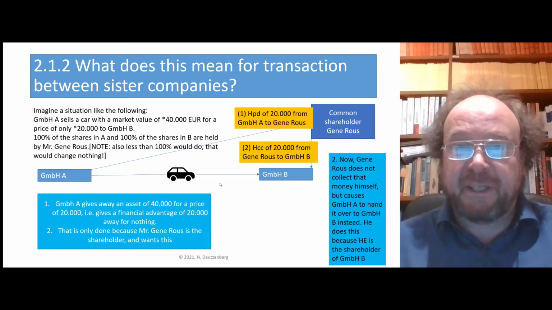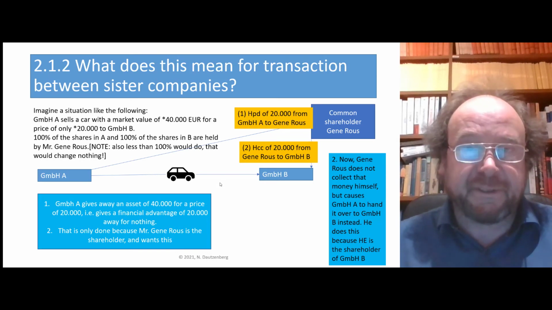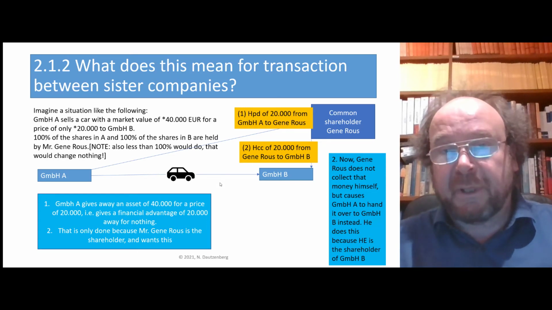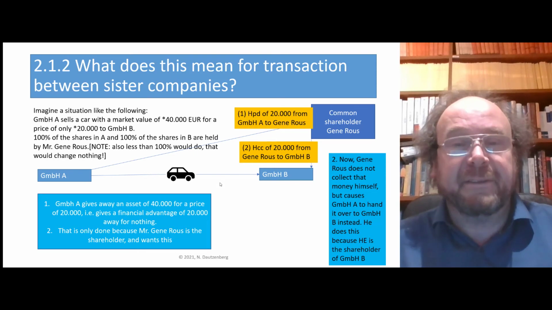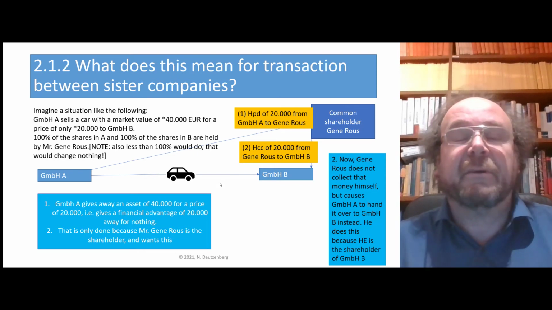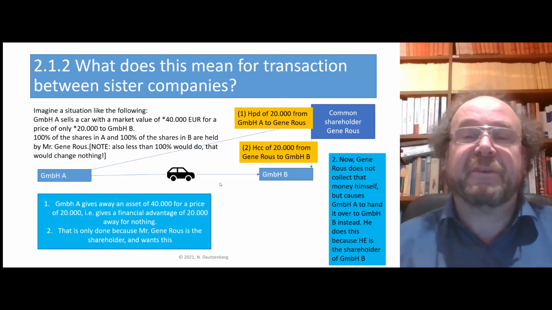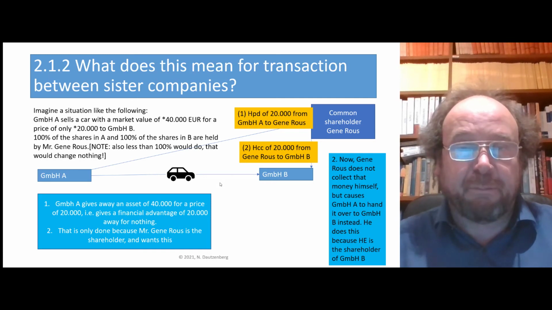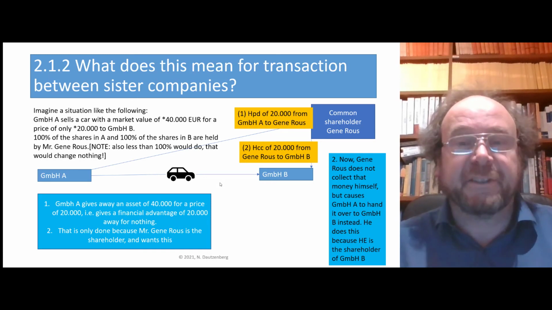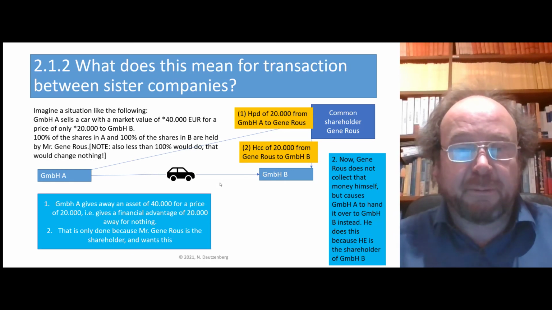So if GmbH A is willing to give away a car with a value of 40,000 for a price of only 20,000, this is a favor which GmbH A does to a related person of the shareholder. So it's a hidden profit distribution to the shareholder. And the second logical step is the shareholder passes on that advantage as a contribution to his second corporation.